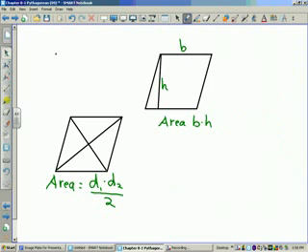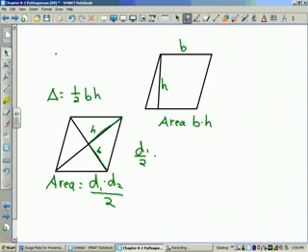So the triangle area is 1/2 base times height. This base is 1/2 of this whole diagonal. So I have diagonal 1 over 2, and this height is 1/2 of the other diagonal.